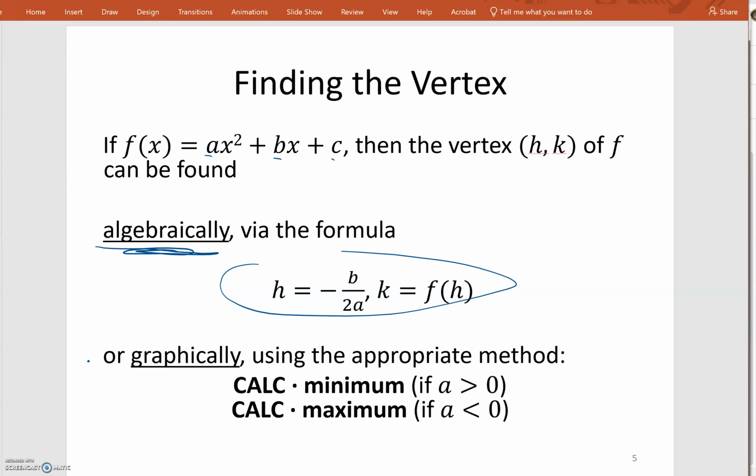If you're going to use the graphical method, the one that we just looked at, we use CalcMax, but notice that you will also very often need to use CalcMinimum if you have a negative leading coefficient. A is called, by the way, the leading coefficient.